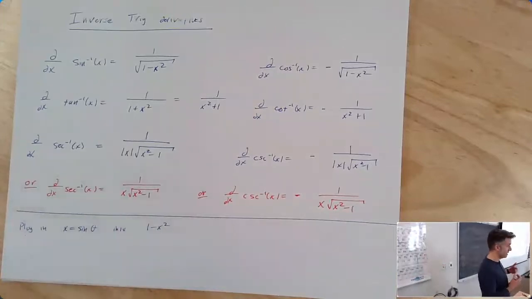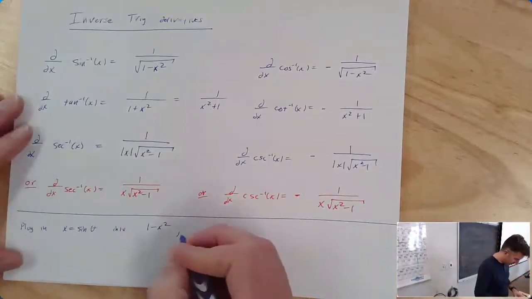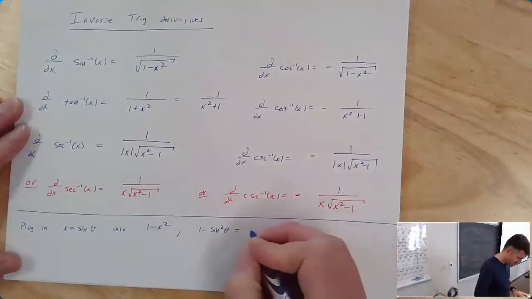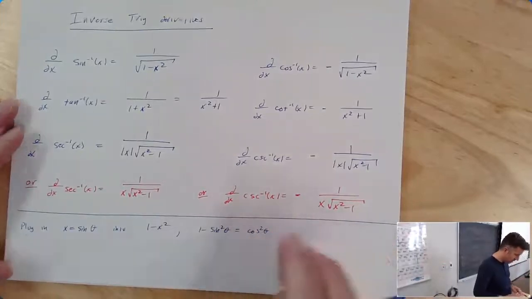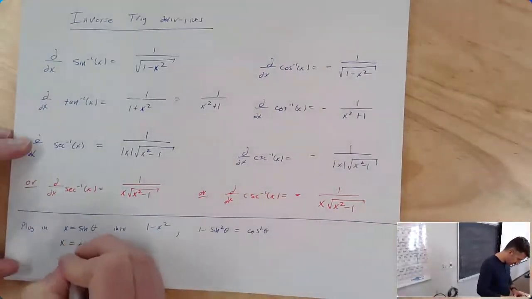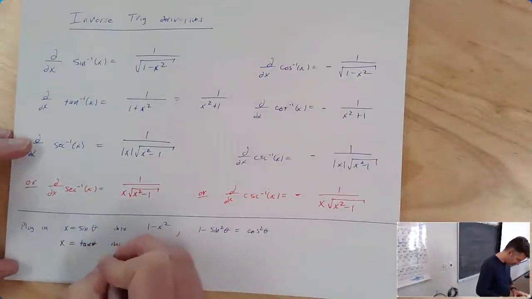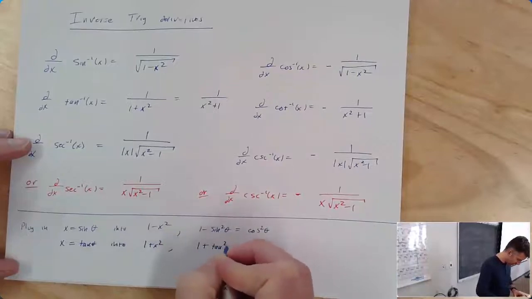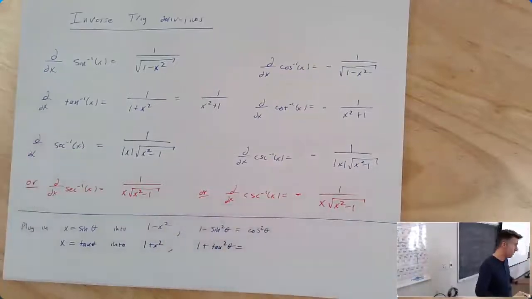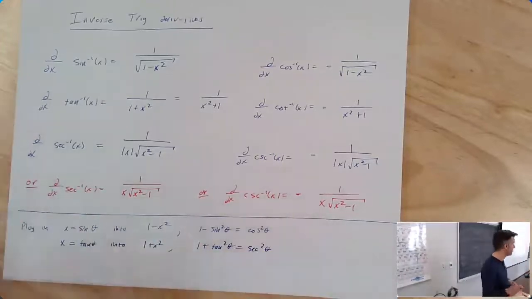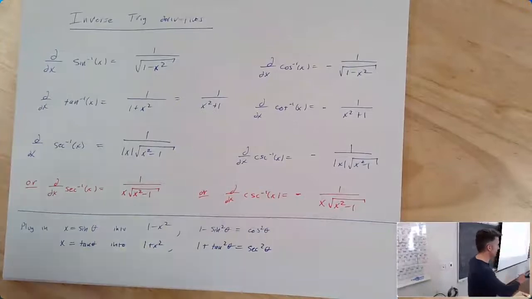And it's not a coincidence, it's on purpose. It happens that way because of how we set this thing up in the first place. Check this out. 1 minus sine squared theta is equal to cosine squared theta. And it works for the other ones as well. If you plug in x equal to tangent theta into 1 plus x squared, you get 1 plus tangent squared theta, which we all know equals secant squared theta.